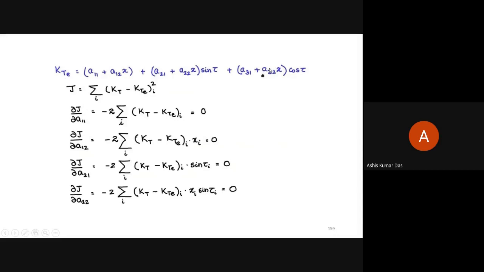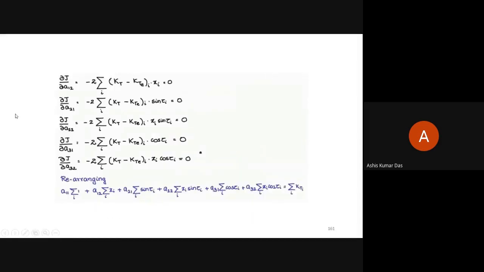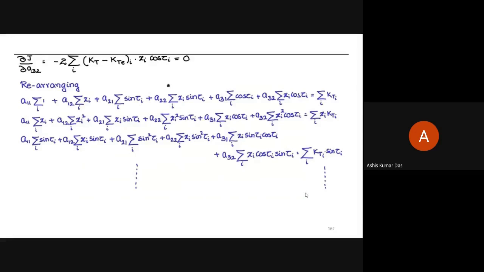If we put in all these values and rearrange, we get a11 times summation of 1, a12 times xi, a21 times sin tau y, a22 times xi sin tau y, a31 times cos tau y, and a32 times xi cos tau y, and all these should equal the summation of kti. In this way we can rearrange it. So this is the first equation, and accordingly we can rearrange the other equations.